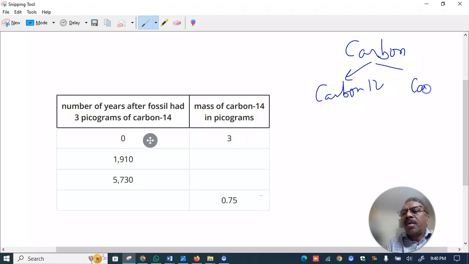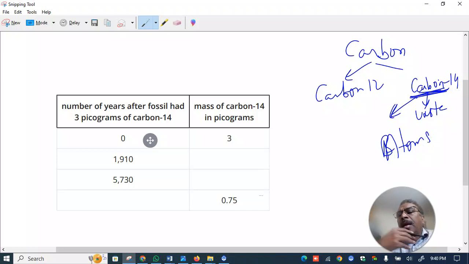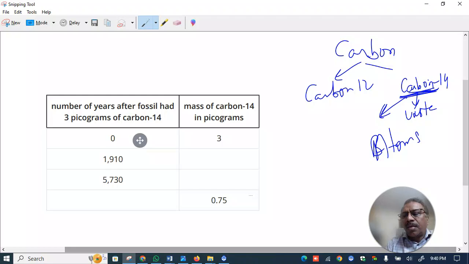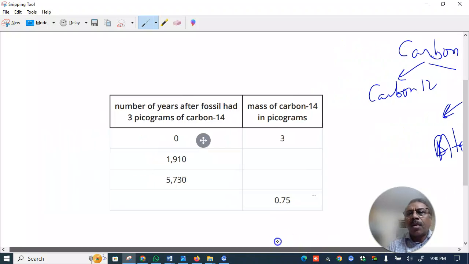Now, carbon 14 is an isotope of carbon 12, but this one is unstable. So this is a radioactive element which decays due to instability of the atoms. Basically, the atoms break down, and the amount of carbon 14 decays. So how much it decays is already given to us. It says, so let me draw the figure.